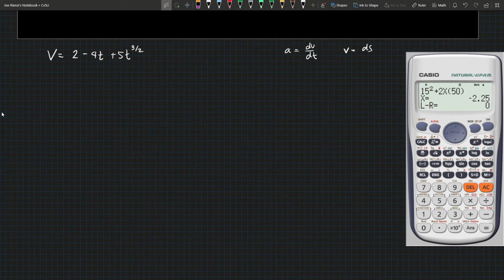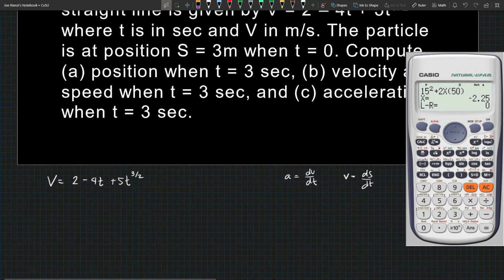Velocity is equals to ds over dt. And then yung tatlo nating kinematics formula. So, looking for the unknowns, the position if time is 3 seconds, the velocity, so siguro ito final, if the time is at 3 seconds. And finally, the acceleration when the time is 3 seconds.